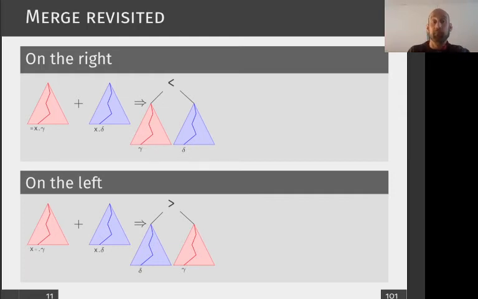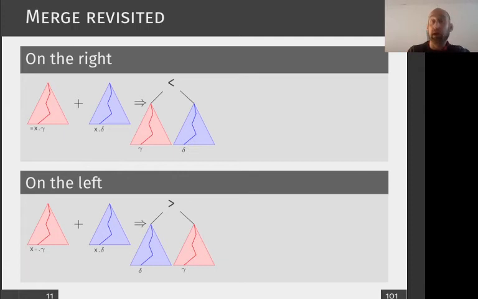So the blue guy is either a complement or a right specifier of the red guy. Merge on the left is exactly the same. If you merge a red guy and a blue guy, where the red guy wants something and the blue guy is something, to want something is to have a feature of the form X equals or equals X, and to be something is to have a feature of the form X.